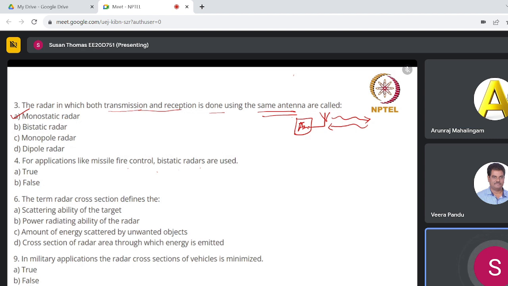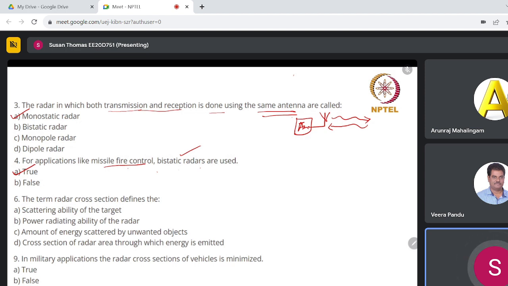In missile fire control, the target is illuminated with a signal from one antenna, and the backscattered signal is received by another antenna in the radar. So in the application for missile fire control, we use the bistatic radar. So this is a true statement.